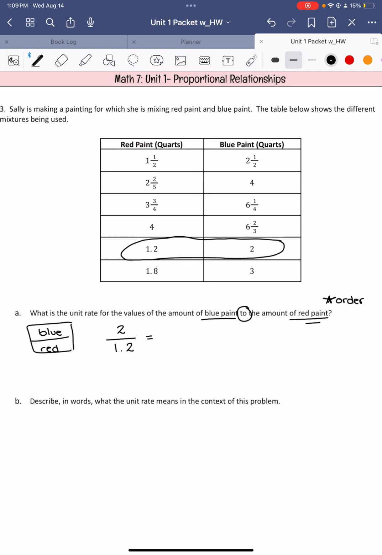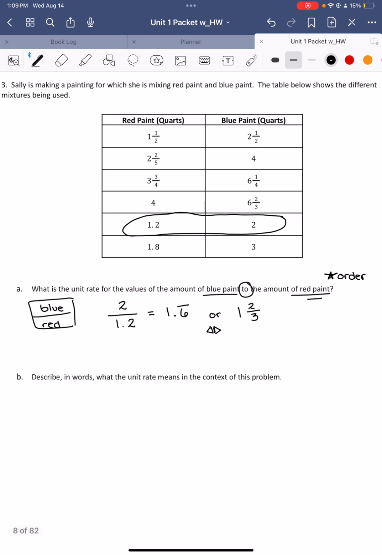When I plug this into my calculator, I get 1.66666, which means 1.6 repeating. Remember, it only ends in a 7 because the calculator is automatically rounding that last number, but that is still a repeating decimal, so I'm going to write 1.6 with a little bar on top. Or, remember, you can press that little double arrow button above the enter key to get the fraction, which would be 1 2/3.